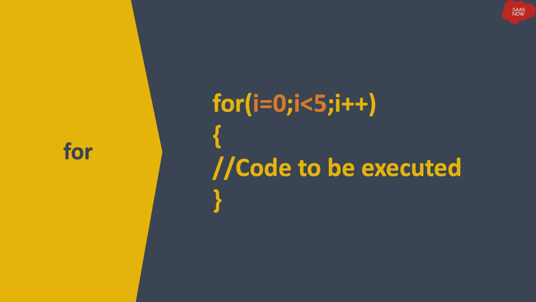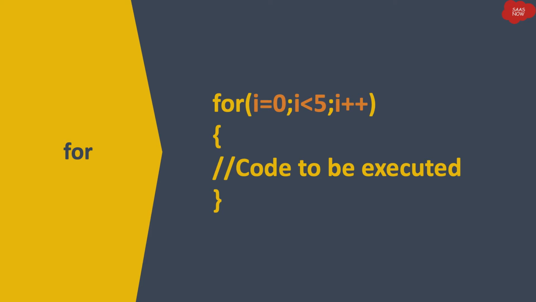That's for the second statement. And then we have the third statement, that is i++. This particular statement runs every time the code in the main block is executed. So whenever this code is executed, this third statement will also be executed. In this case, it is basically incrementing i.